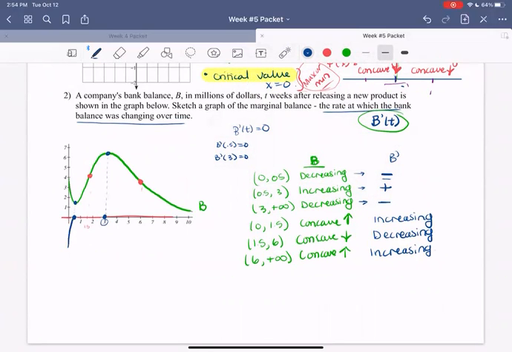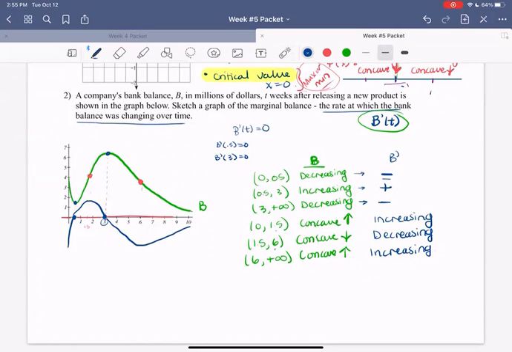Then from 1/2 to 3, it's positive, and it's also increasing until we reach 1.5. From 1.5 to 6, it's decreasing; it reaches 0 at 3, and we continue to decrease until we reach 6. And then we start to increase again.